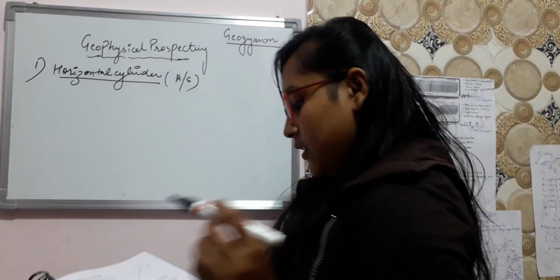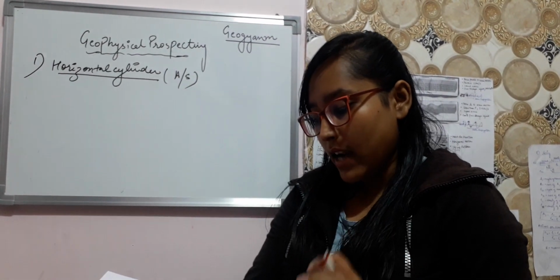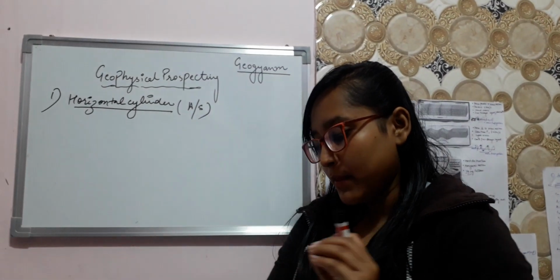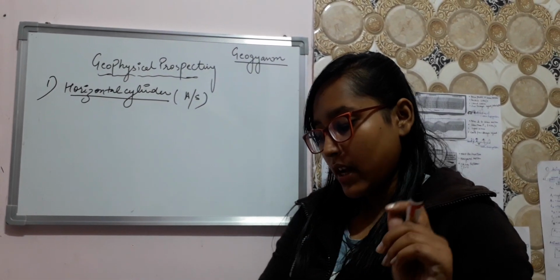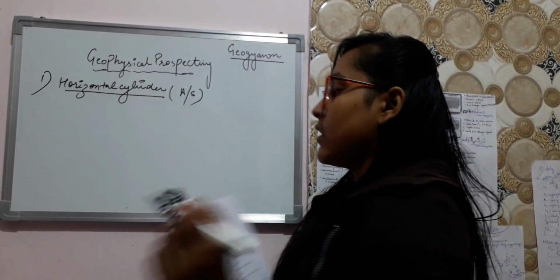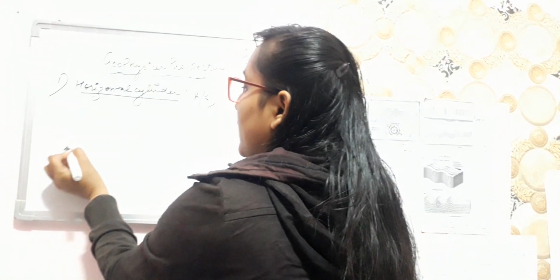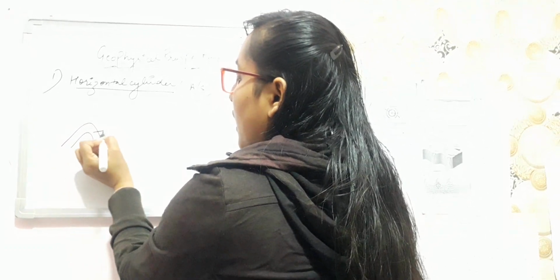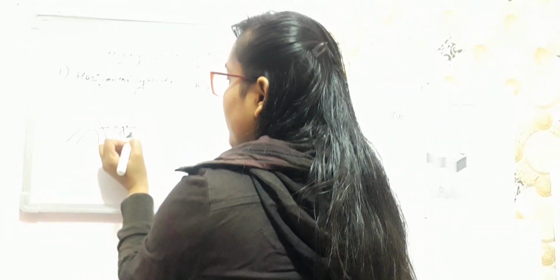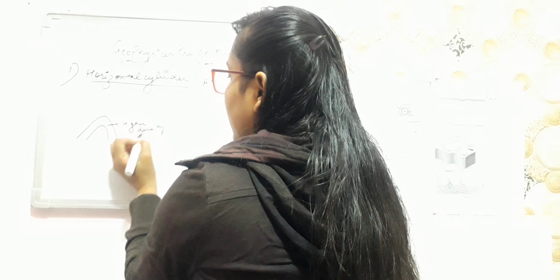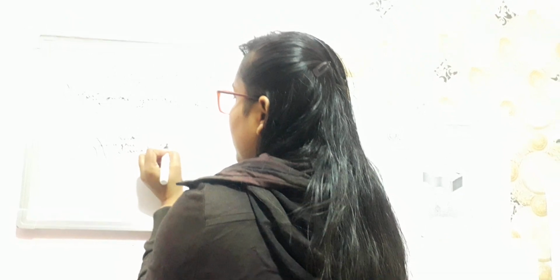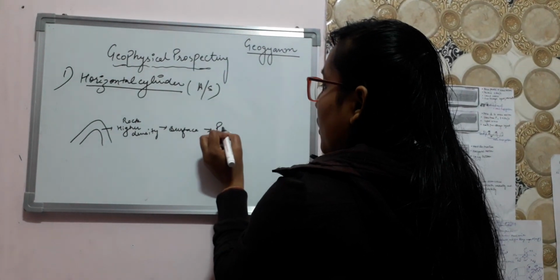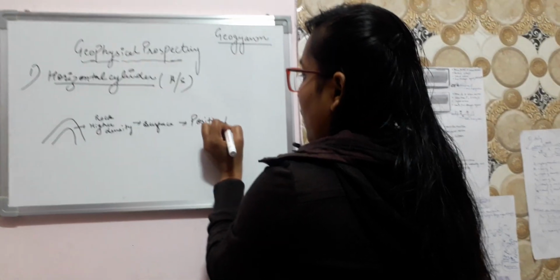In William Lowrie, it is written, the gravity anomaly of an anticline can be modeled by assuming that the upward folding of strata brings rocks with higher density near to the surface. So what happens in an anticline is that the rocks with higher density come to the surface and will show the positive anomaly.